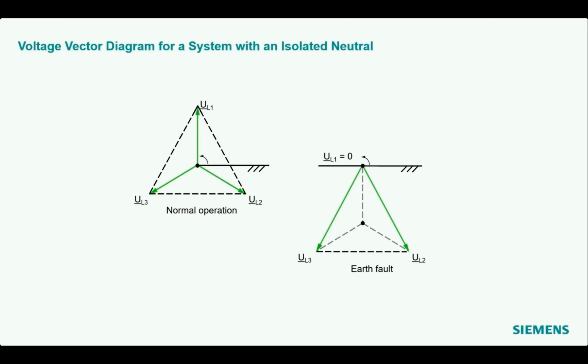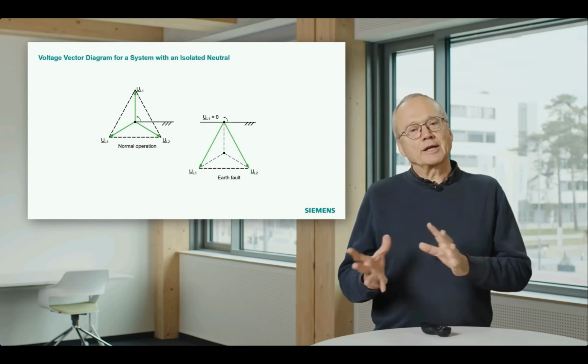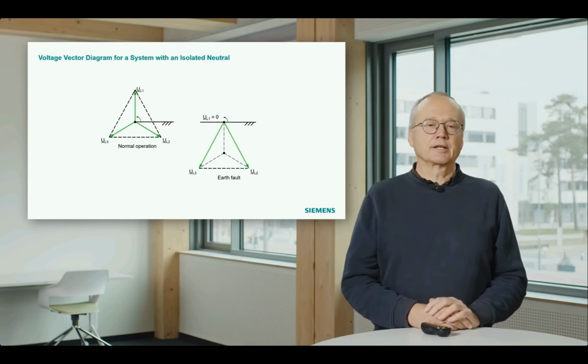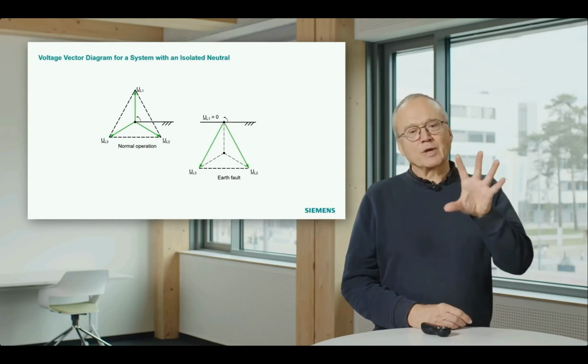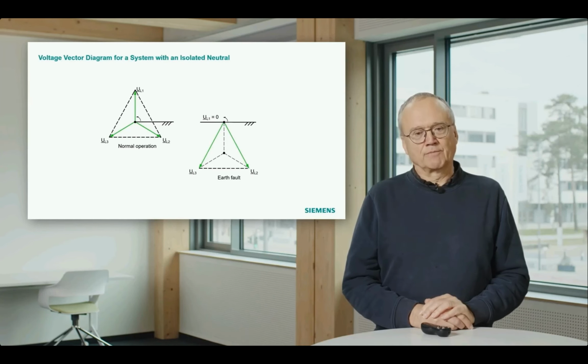That means, for instance, if you are in a cable system, the capacitors are really identical, there's no big asymmetry in it, then the potential of the star point is nearly ground potential. If you are in an overhead line system, there can be a slight asymmetry so that you get a little bit of a deviation. That means we have this triangle there, and this point in the middle is ground potential.